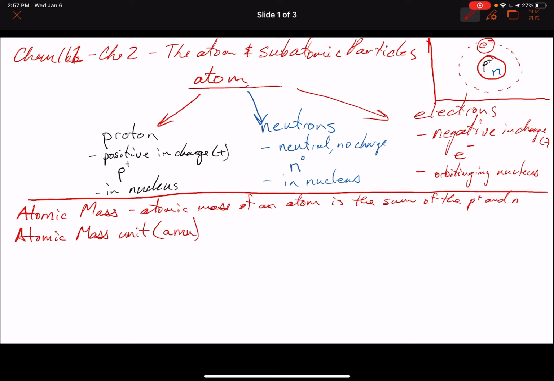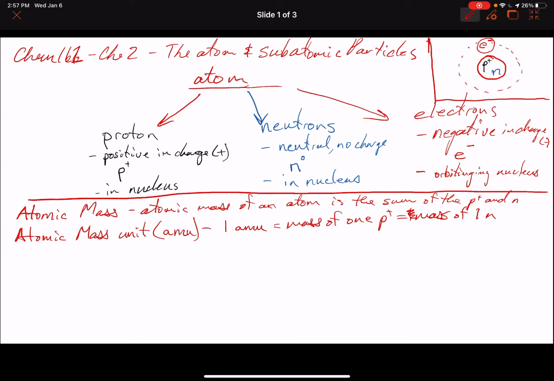And 1 AMU is the mass of one proton. It's also equal to the mass of one neutron.